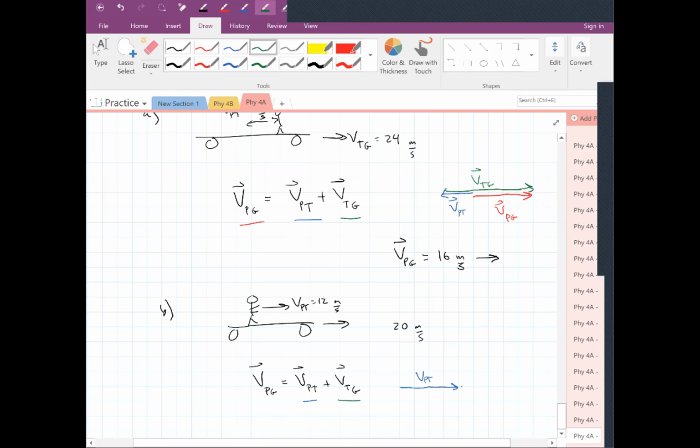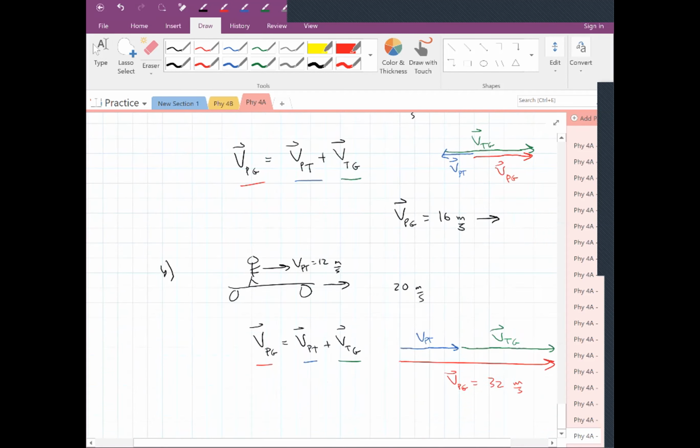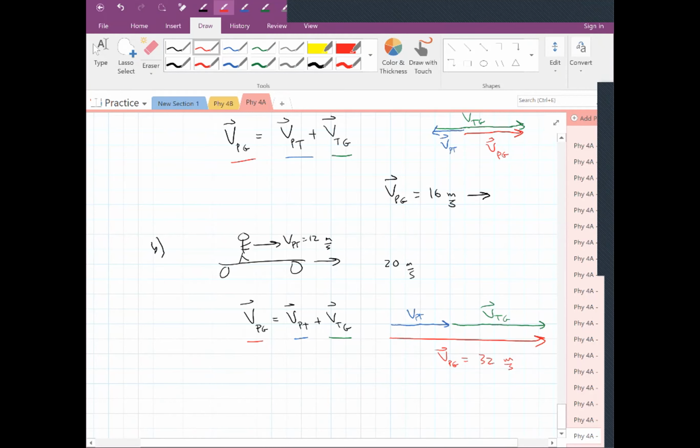What is this? 6, 12, 18. And our resultant is 32. So they're moving 32 meters per second to the right. Does that clear up the previous one?